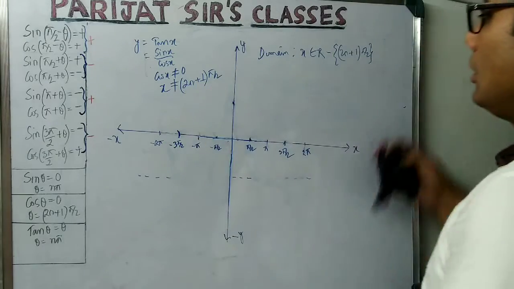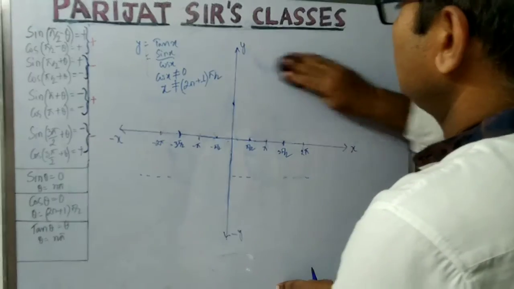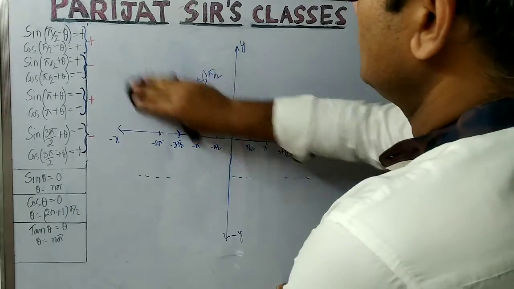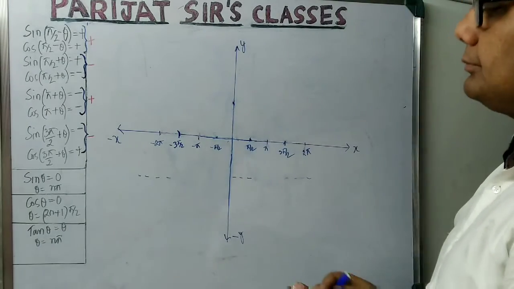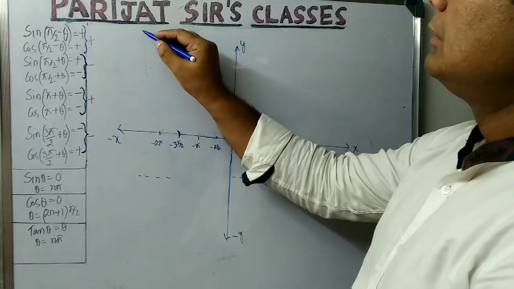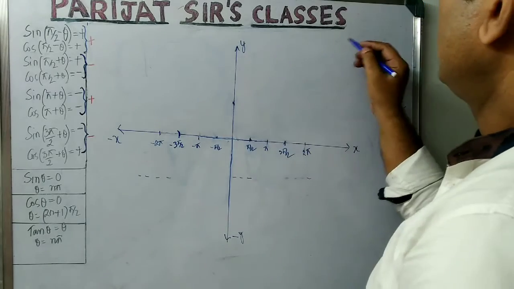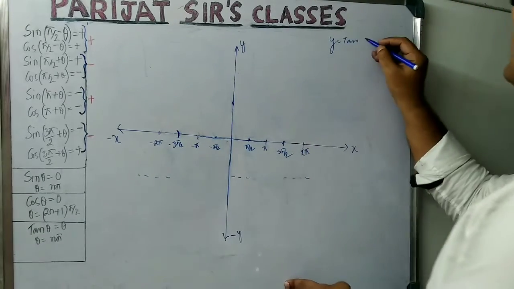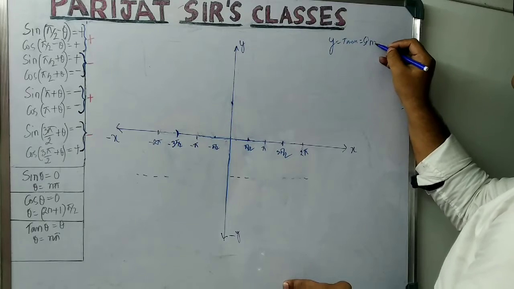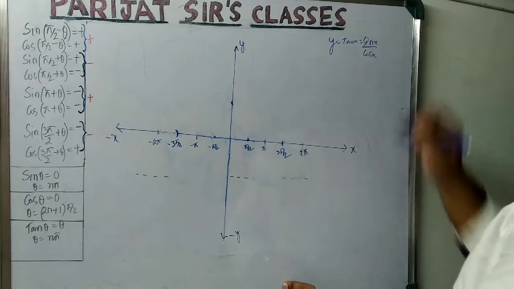Let us see the plotting of y equal to tan x. So let's see how the function y equal to tan x will be. Suppose y is equal to tan x, which is sin x by cos x.